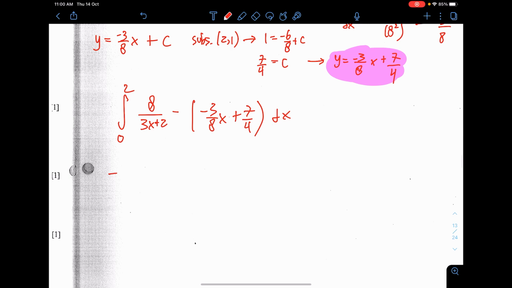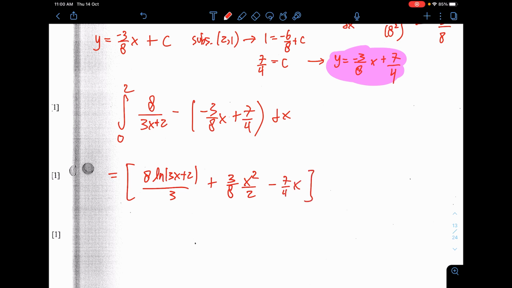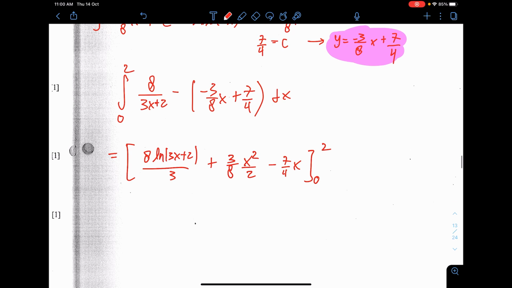Then I'm going to get 8 ln of (3x+2)/3 plus 3 over 8x, right? You integrate, you get 3 over 8 x squared over 2 minus 7 over 4 x, from 0 until 2. Then you just need to key in the numbers, and I'll leave that for you. So then I'll get somewhere around this.